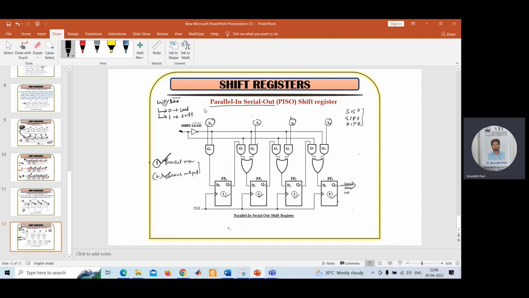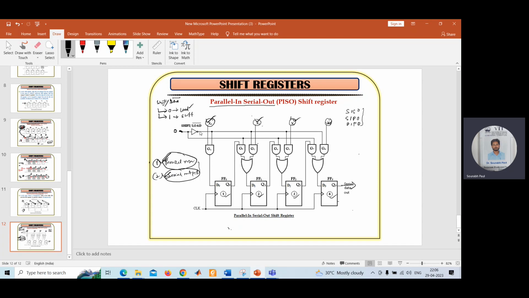Load operation is nothing but the parallel input operation, and shift operation is nothing but getting the output serially. So first of all, you need to do the load operation, which means you need to give 0 in this particular terminal.